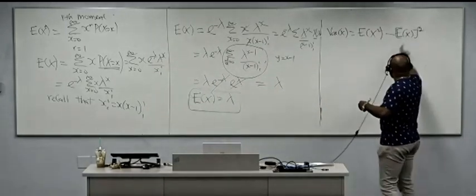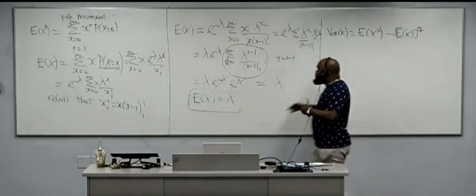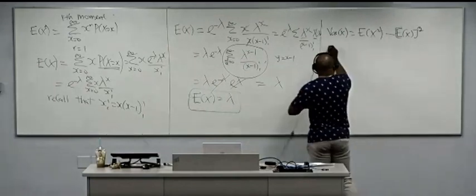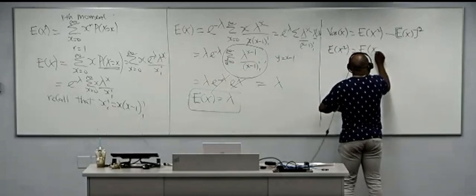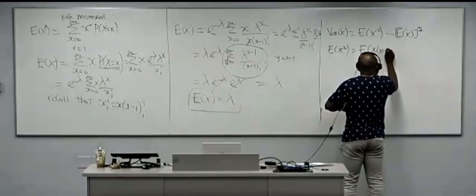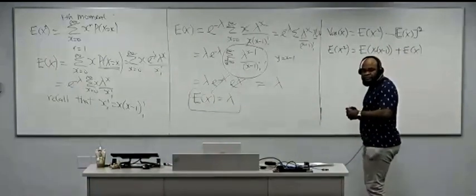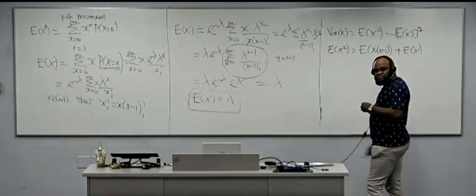We've gotten the expected value of x, which is lambda, right? But we need expected value of x squared. Expected value of x squared is the same thing as this. You remember yesterday? Expected value of x squared is the same thing as this.